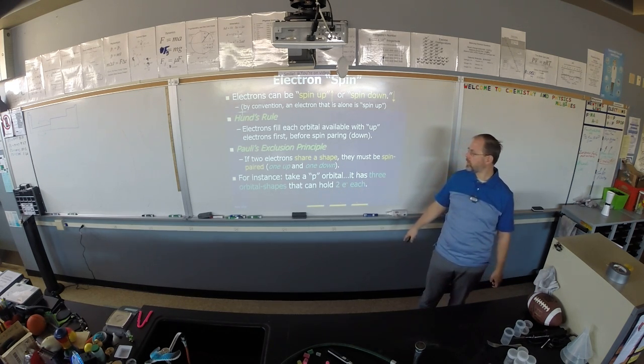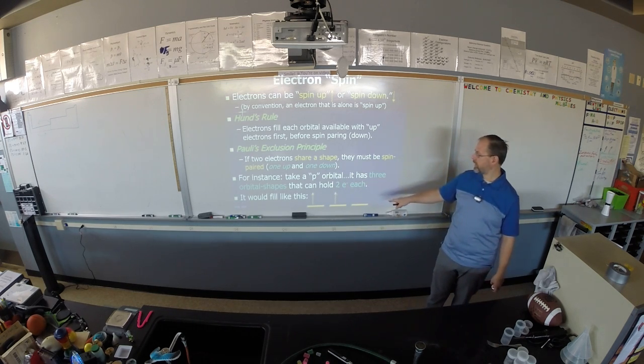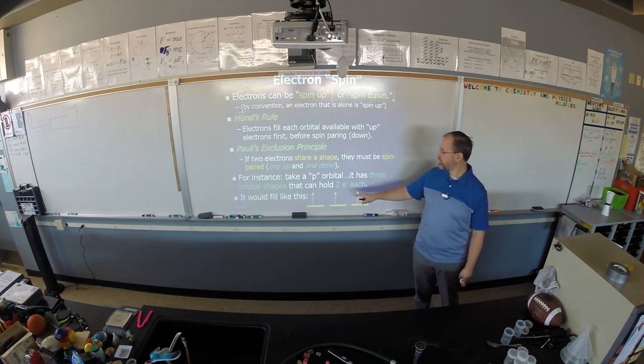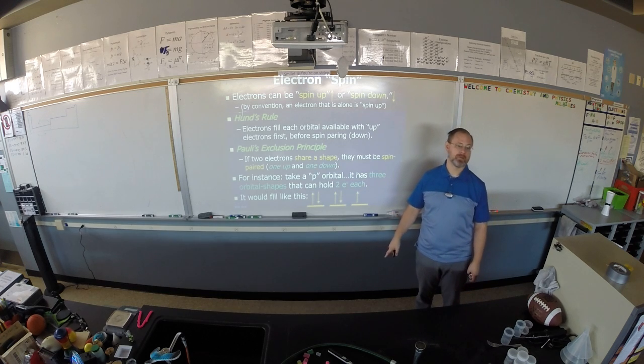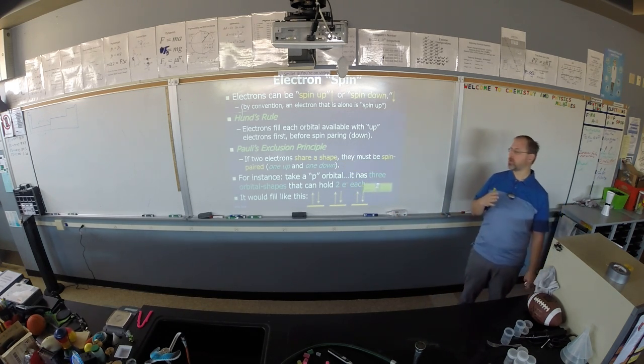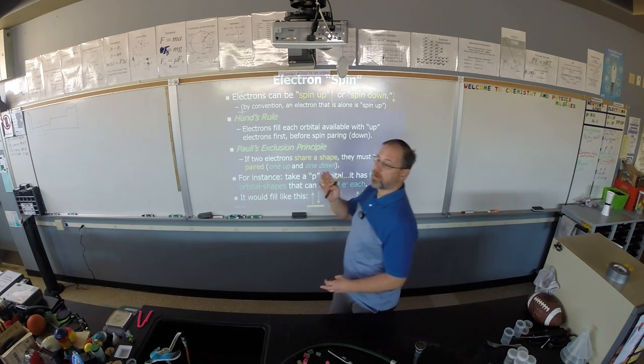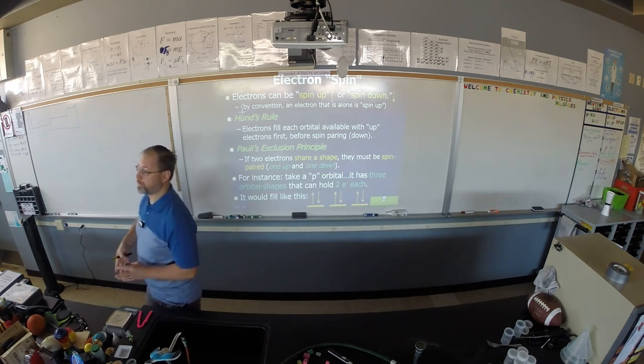So first Anthony, Austin, and Rafe sit down, and then Thane, Michael, and Gavin sit down. Okay. So electrons will always fill all available orbitals up first, and only if they must spin pair, or if they must share an orbital, will they spin pair.